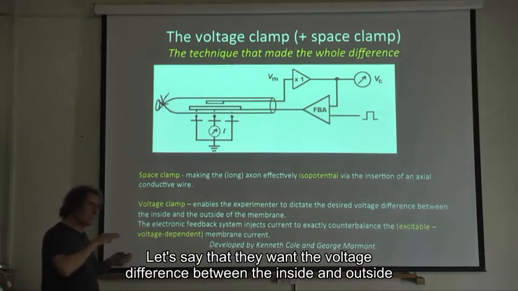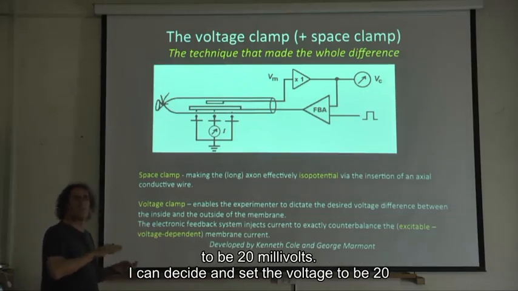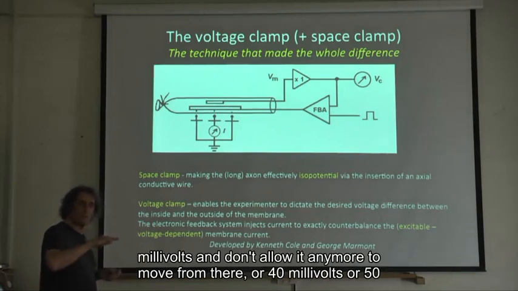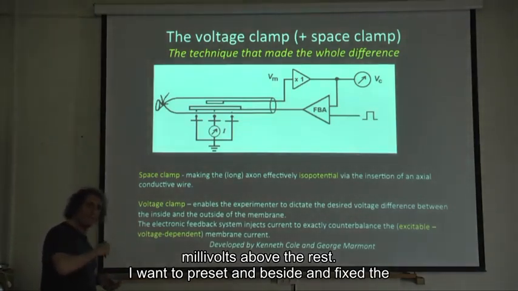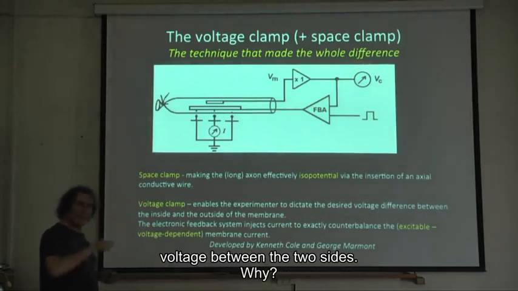You want to fix the voltage, to clamp the voltage between the inside and the outside, so that you will preset, let's say that I want the voltage difference between the inside and the outside to be 20 millivolts. I can decide and set the voltage to be 20 millivolts and not allow it to move from there, or 40 millivolts, or 50 millivolts above the rest. Why?